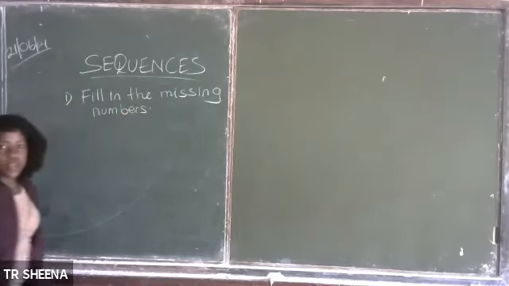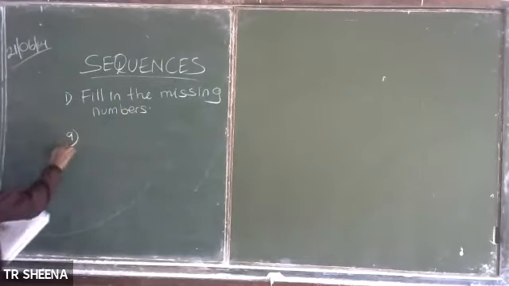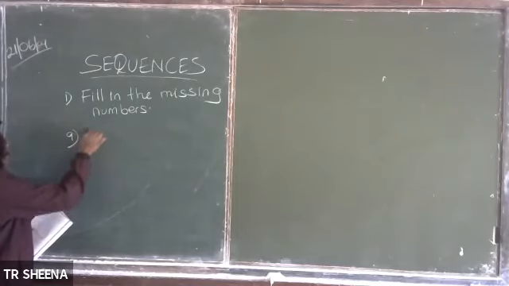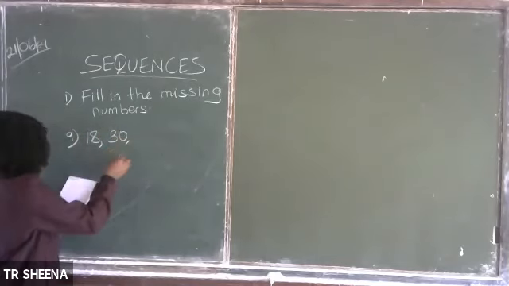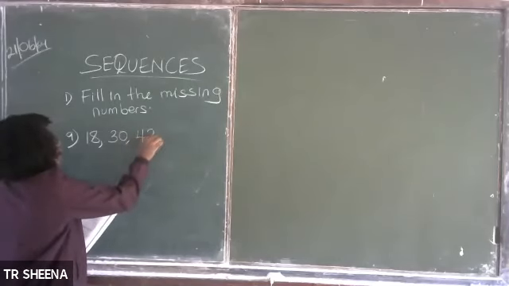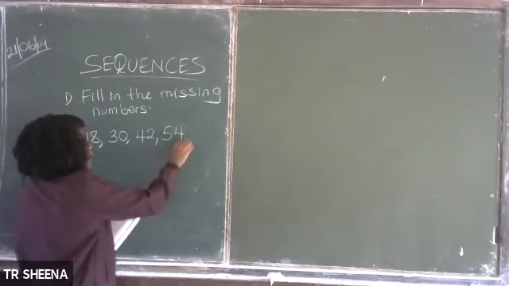Okay, so for you, when you finish any of them, you put up your hand. I'll be choosing at random. Also, when you give me your answer, you tell me your pattern.